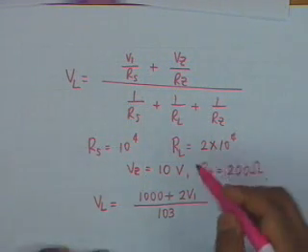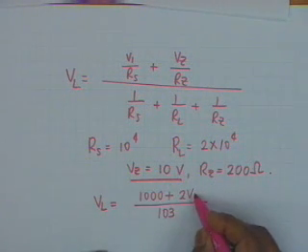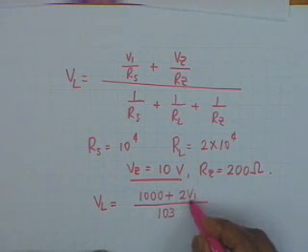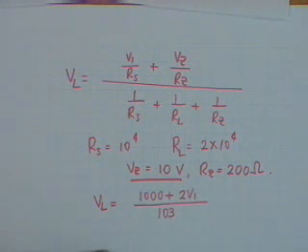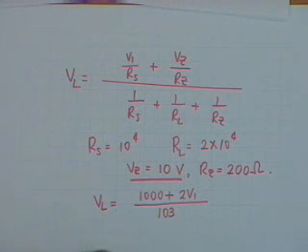All right. Now VZ is 10 volt. Now V1, unless 2V1 is comparable to 1000, obviously VL shall remain a constant at 1000 divided by 103, which is slightly less than 10 volts. All right.